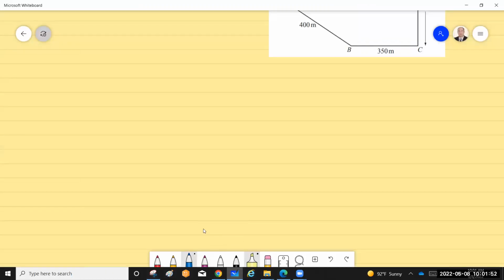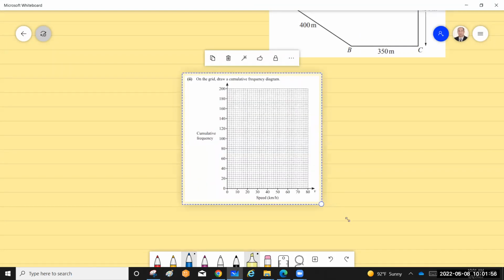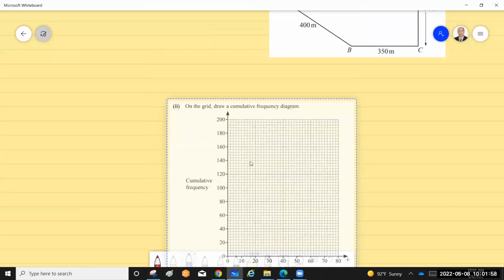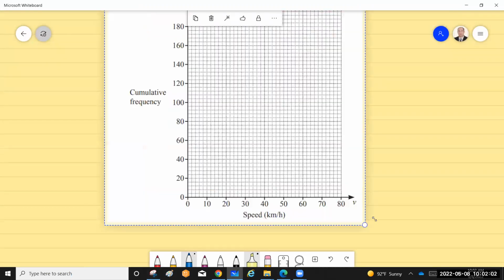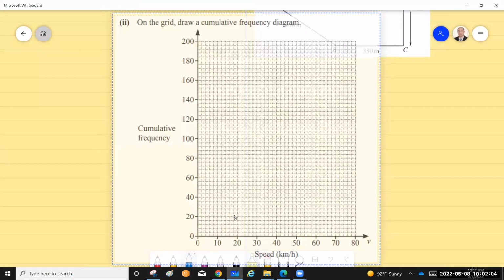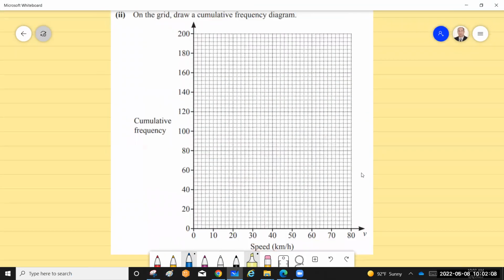On the Cartesian plane, represent the cumulative frequency. The points you have are 20 and 16, almost here, this point.